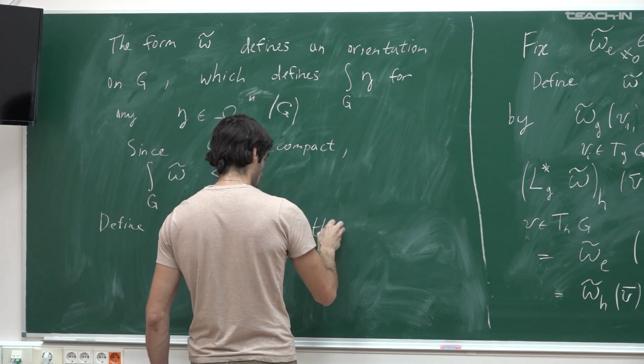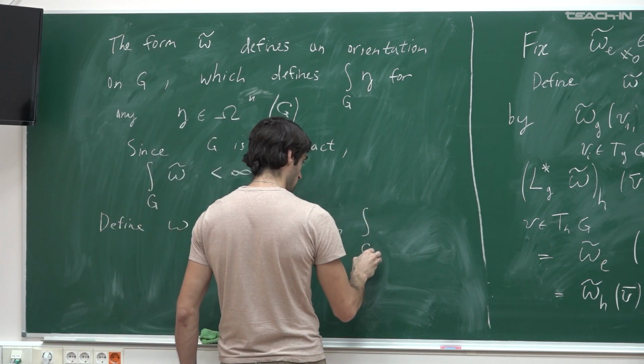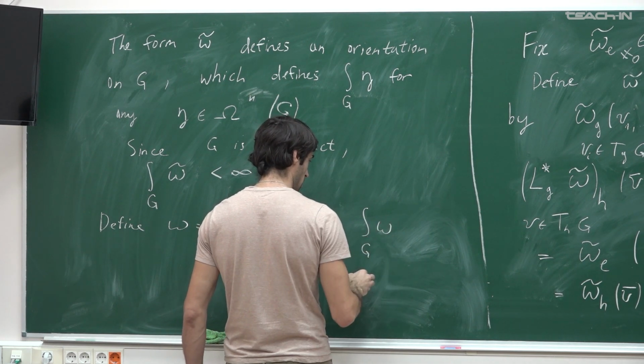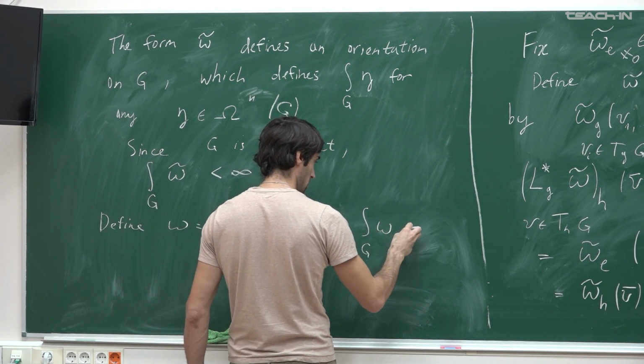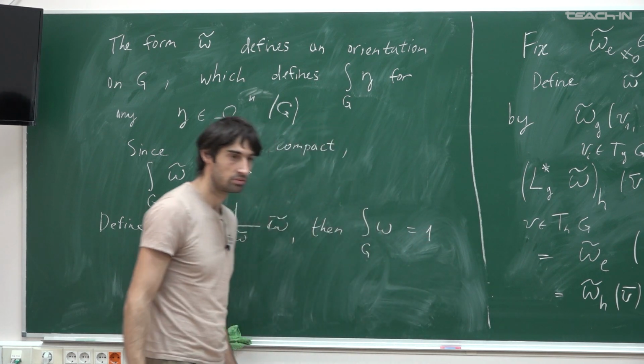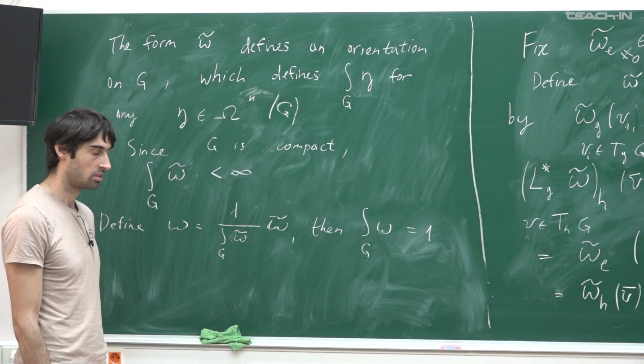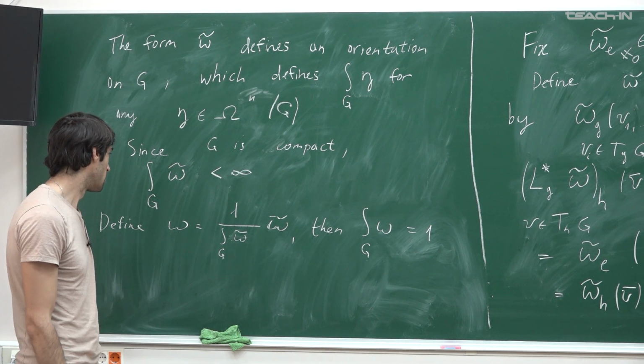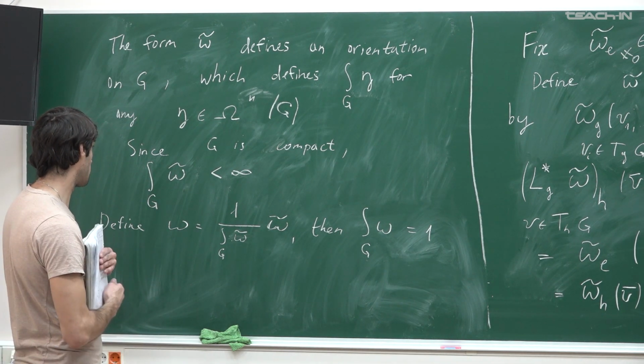So then we just have the integral over G of this omega is 1. But why is this number not 0 in the denominator?